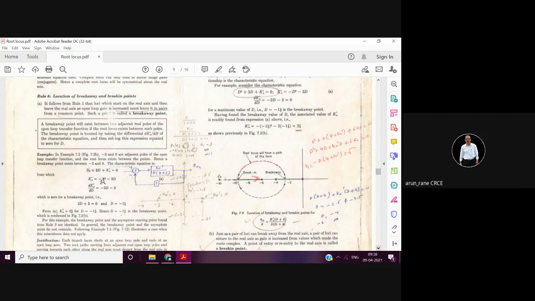Take K as the subject, keep it on the left-hand side and take the rest to the right-hand side. Then differentiate with respect to D. If you equate it to 0, you will get the breakaway point, and the remaining will be the break-in point.